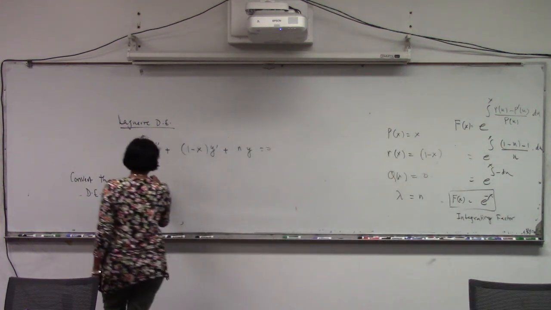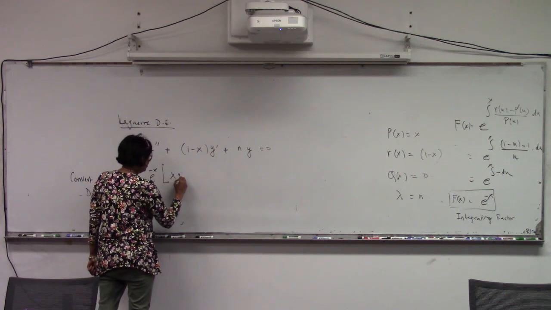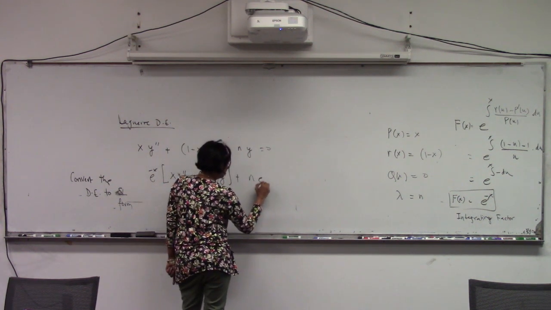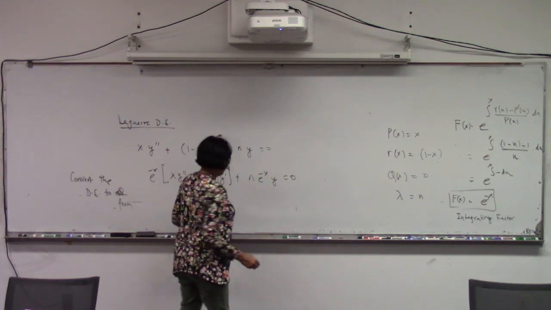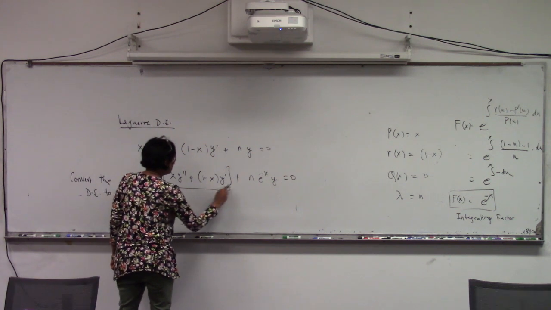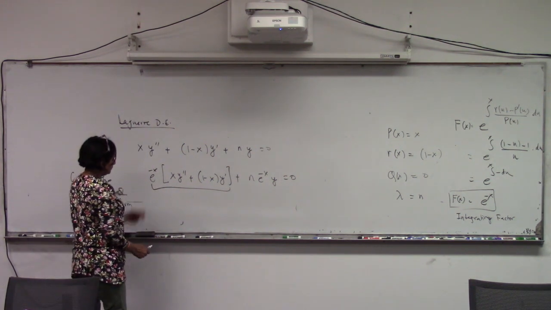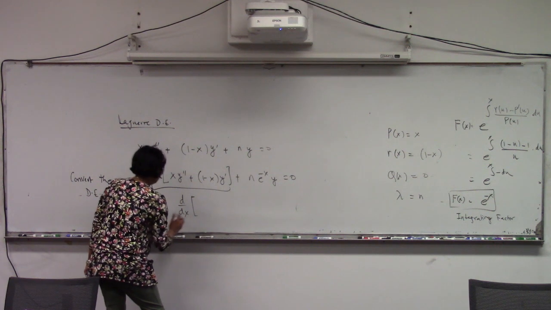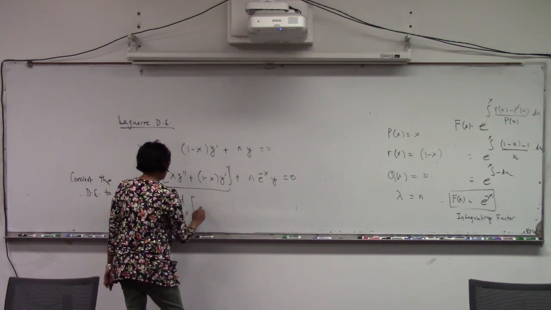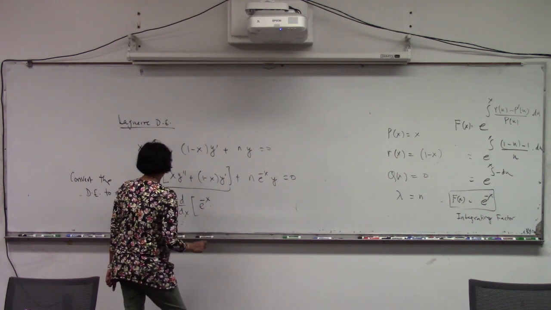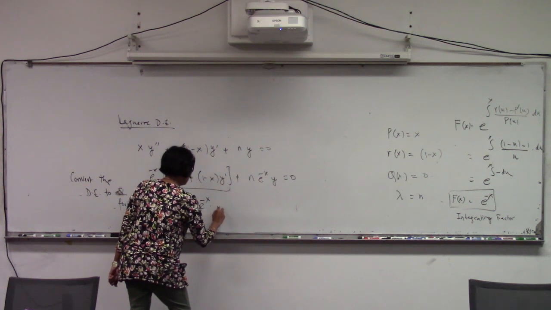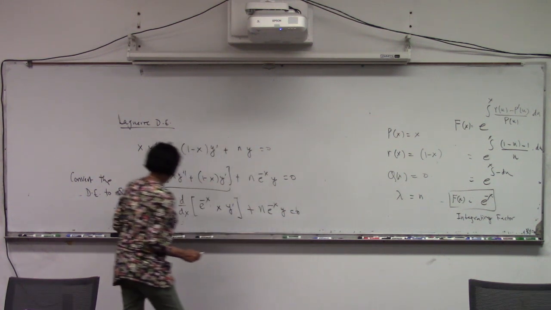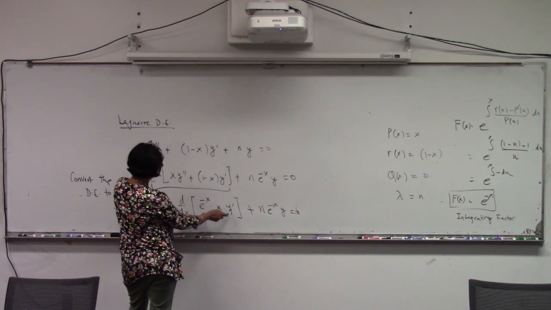So what you're trying to say is if you multiply by exponential of negative x, that is the first term, right?